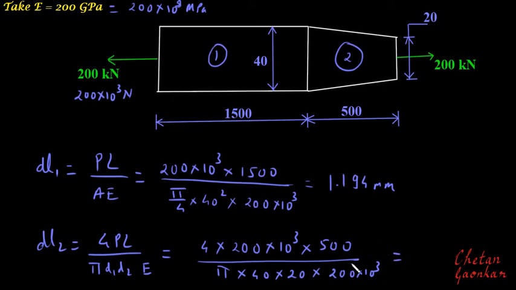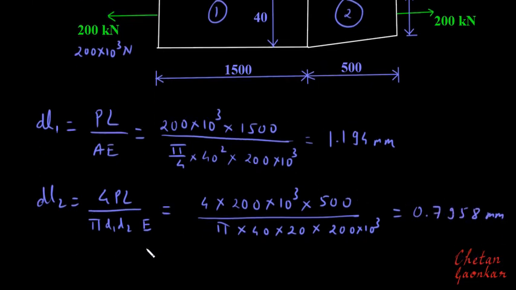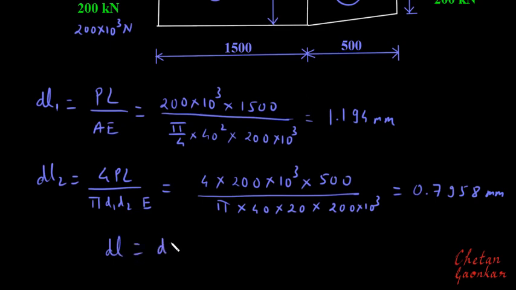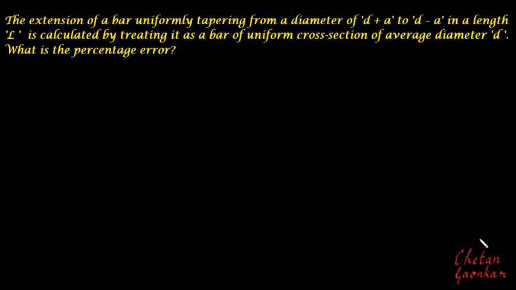Upon calculating, you will get 0.7958 mm. Therefore the total deformation DL will be DL1 plus DL2, which is 1.194 plus 0.7958, equal to 1.989 mm. We'll do one more example after this, and that should be all under this topic.